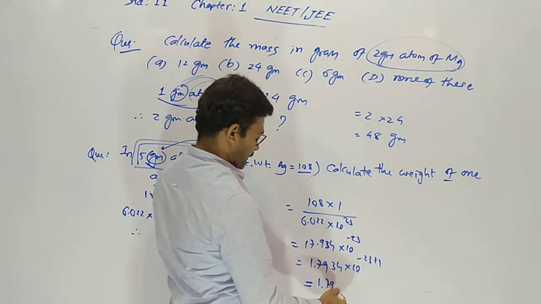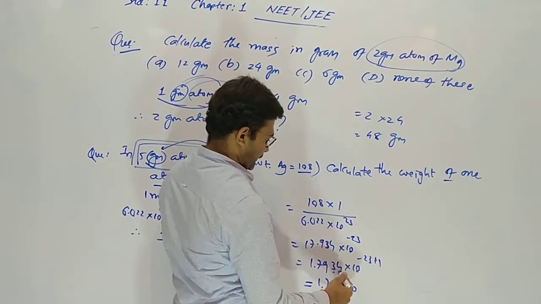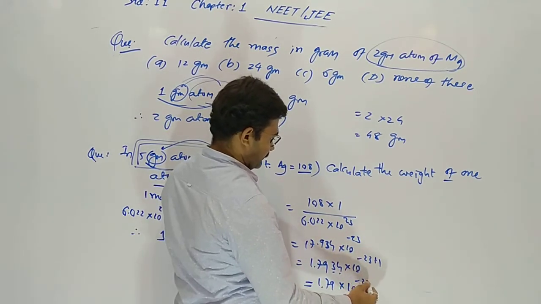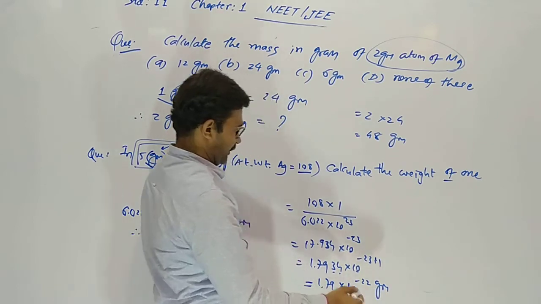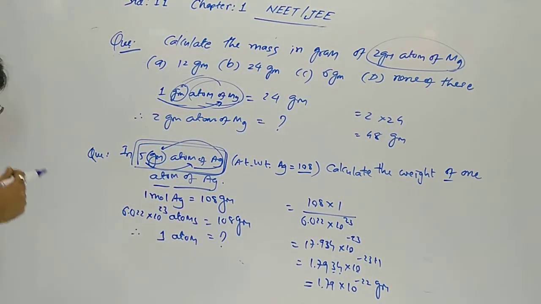So 1.79, and the 3 and 4 are negligible, times 10 raised to minus 22 gram. Minus 23 plus 1, so it will be minus 22 gram.